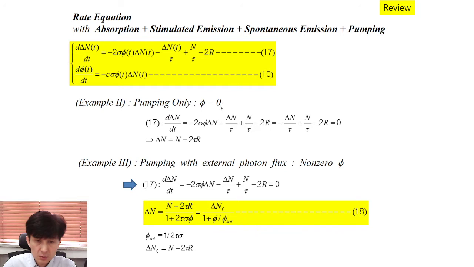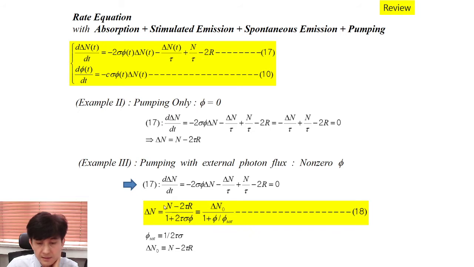When phi is 0, we obtain delta n is n minus 2 tau r, so we define this as the population inversion when phi equals 0, delta n naught. Then delta n, where phi is not 0, is equal to delta n naught divided by 1 plus phi over phi sat.